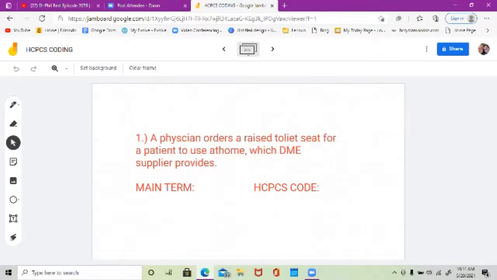Okay, so what code do you have, Miss Kelly? What did you get? Just a second. E0172. Seat lift mechanism placed over or on top of a toilet. Okay, well, let's look at E0244.